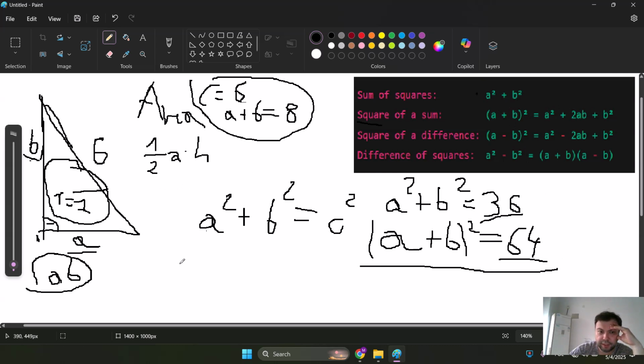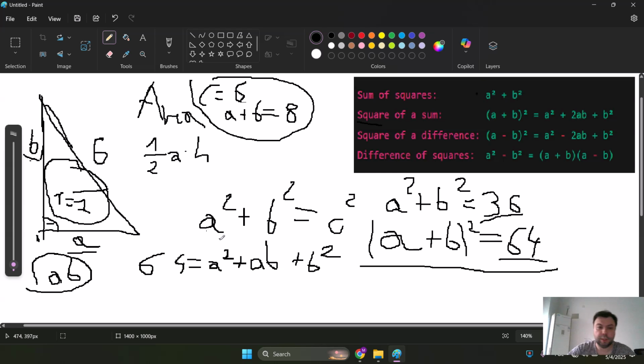So we write 64, because we know that a plus b squared. So we know that 64 equals, what does it equal? a squared plus ab plus b squared.